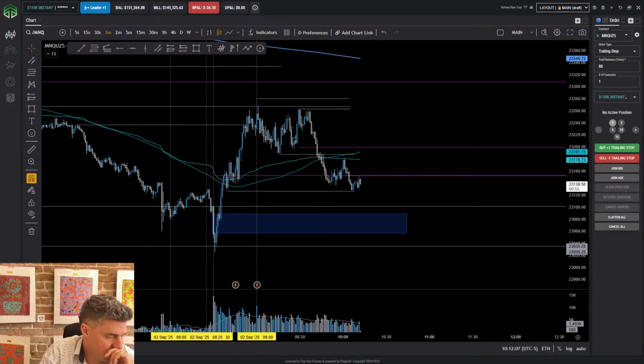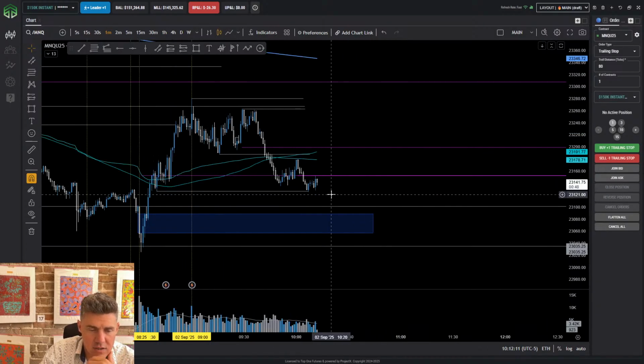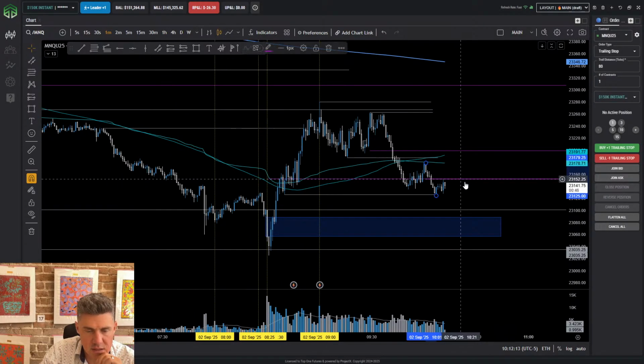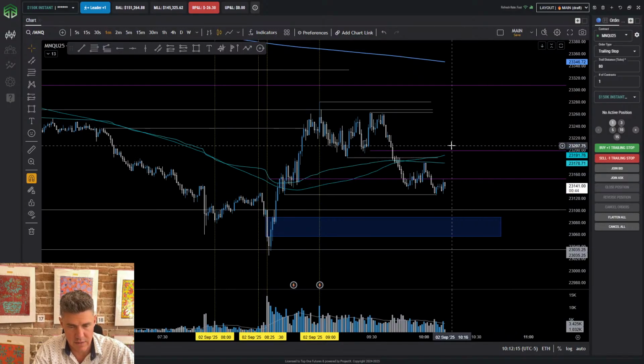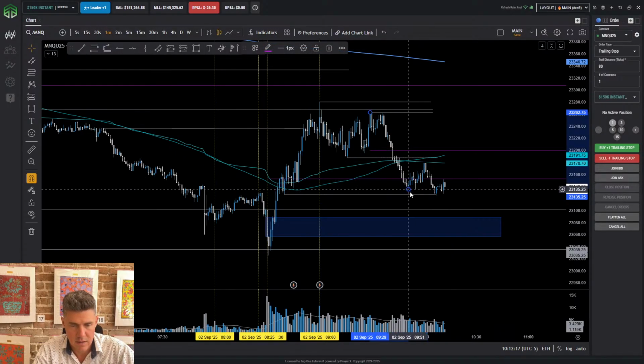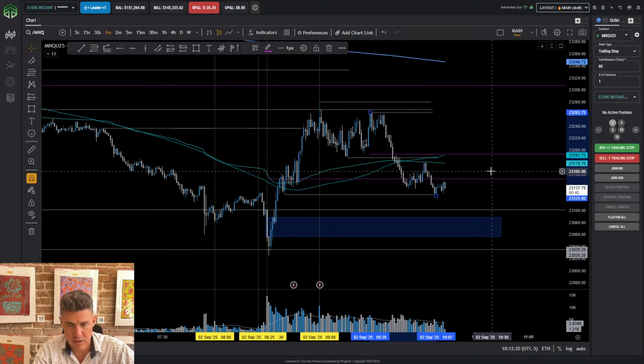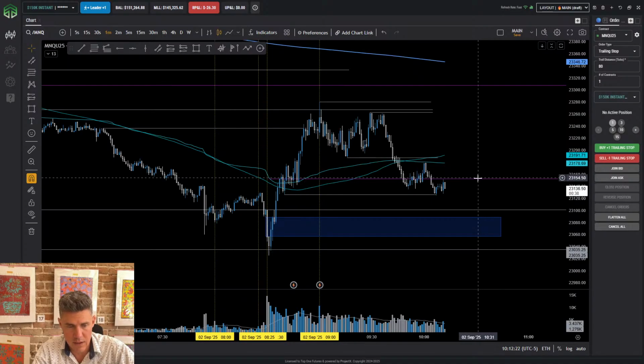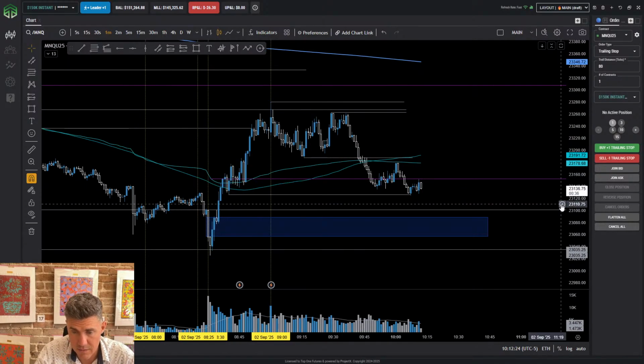Yeah, so we're bouncing off the consequent encroachment of that 4 hour candle. Who cares or knows about that really other than ICT traders? Probably literally nobody. No one in the financial industry gives a flying hoot about it. But maybe they do.